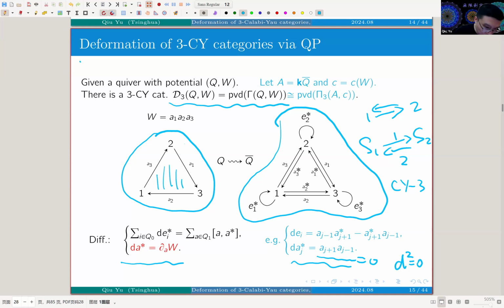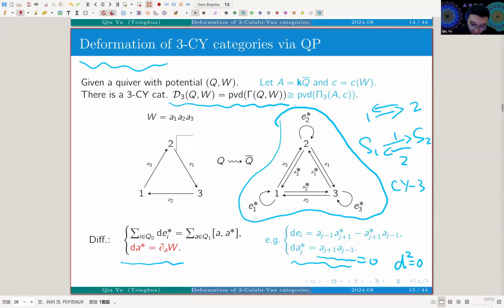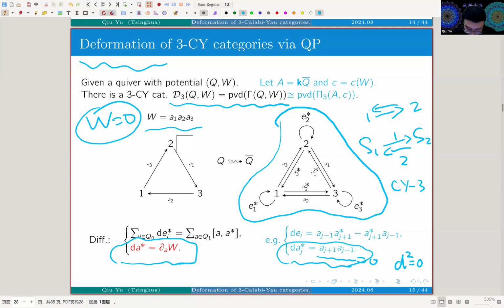The deformation in this slide means that if we start with this 3-cycle quiver, we can do the Ginzburg completion using zero potential. But then we can deform the potential, changing the relation in some sense, to get another Calabi-Yau 3 category.